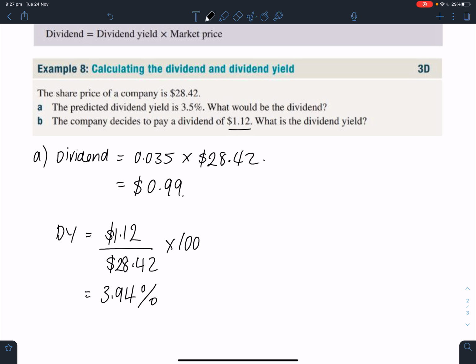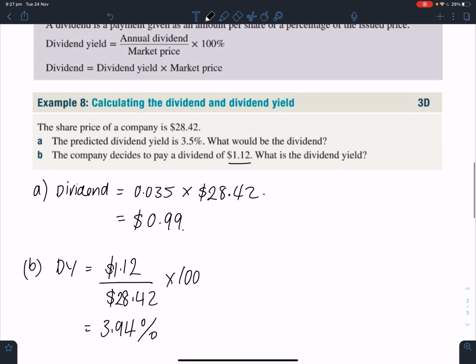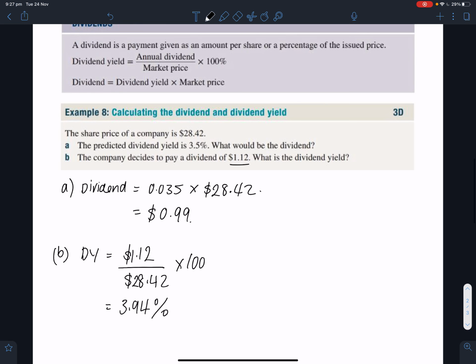So that's your annual rate of return, looking at it as a percentage rather than as a price per share. It's a percentage of the total.